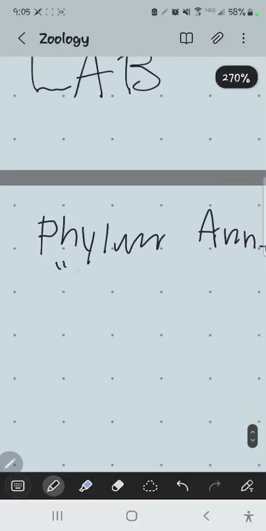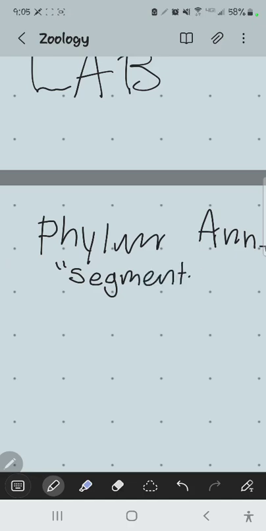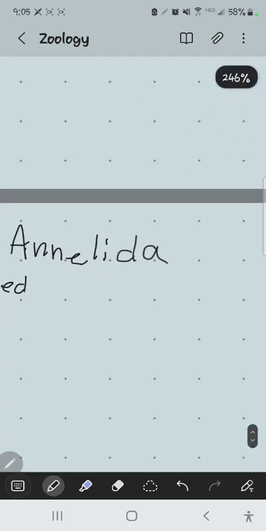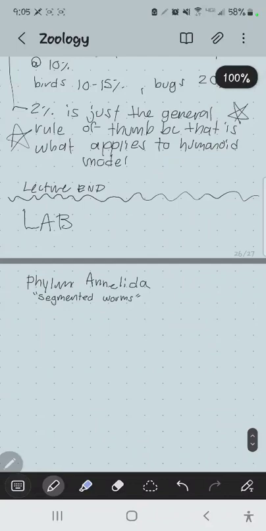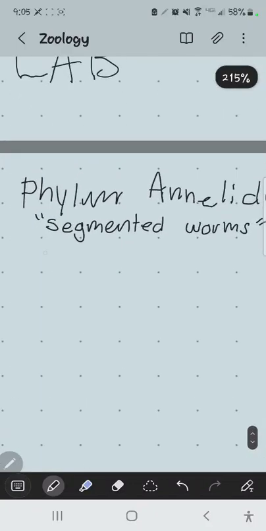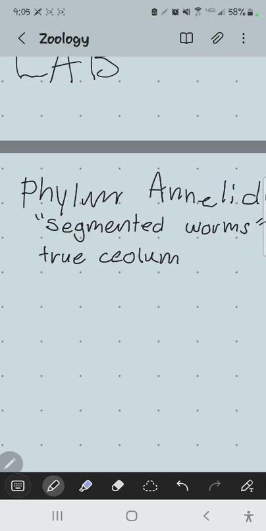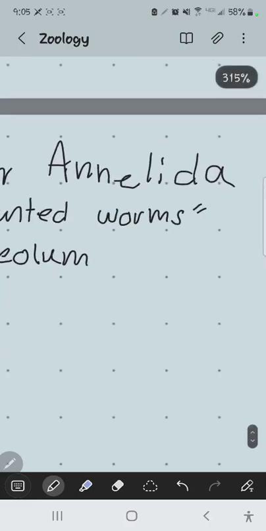The key feature of this group that we're looking at as a new feature is we have a true coelom. So we're going to define what a true coelom is. Our nematodes and rotifers last time had a pseudocoelom, but the true coelom is a cavity that's entirely lined with mesoderm.